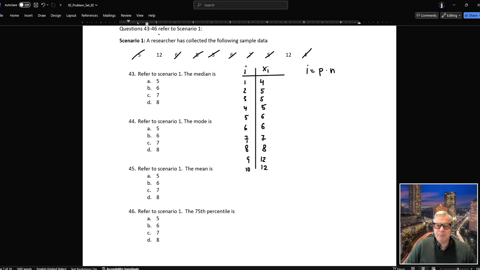And as you remember, whenever we have an integer, we have to take the midpoint between the fifth and the next one, but the next one is a 6 too, so we don't have to worry about that. So the median is 6.